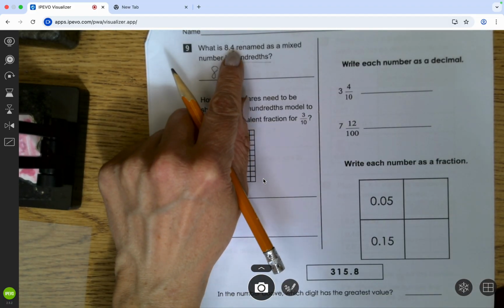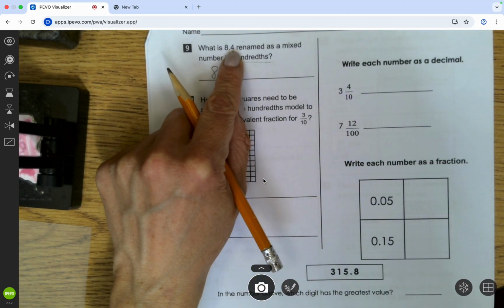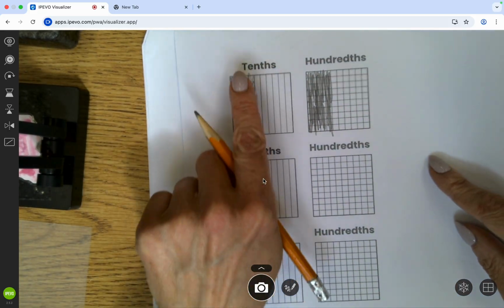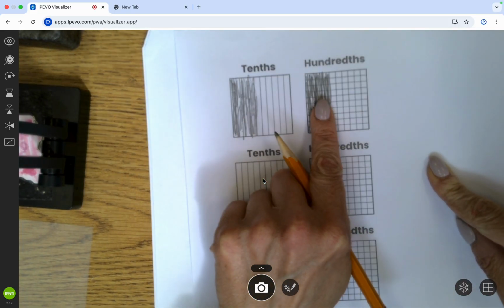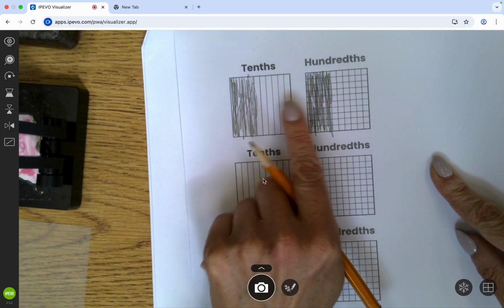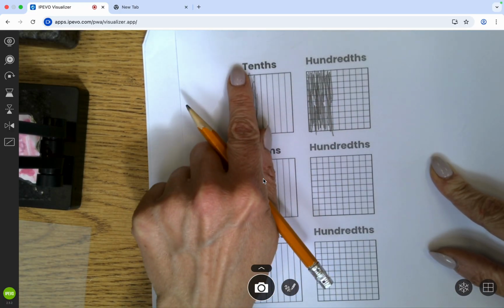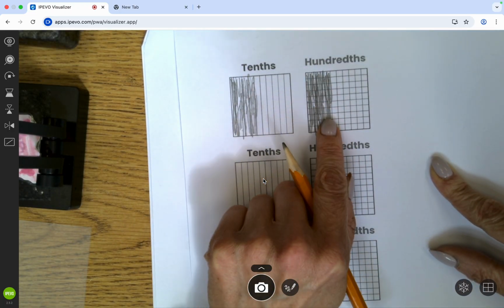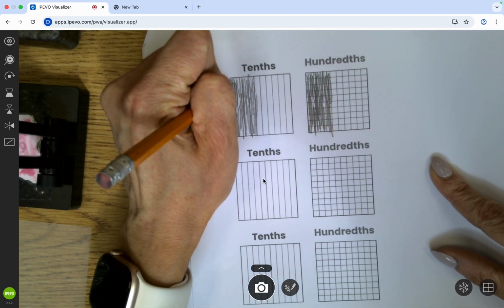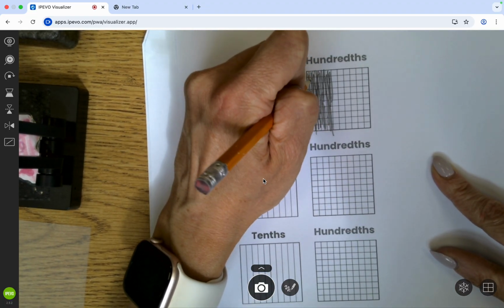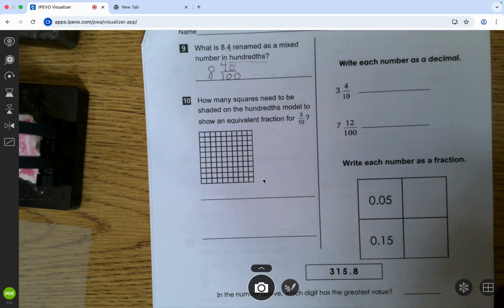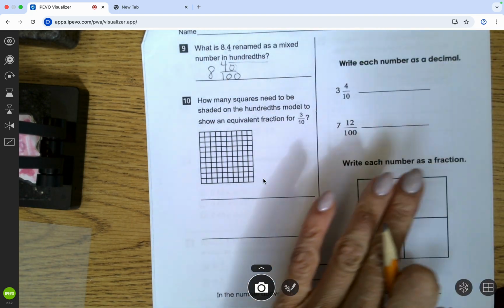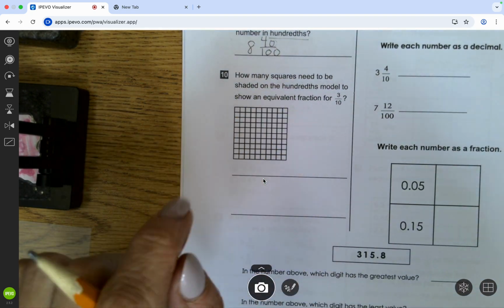So you would look at 4/10, color in 4/10, and then figure out what would be equivalent in the hundredths. When you do that, you want to cover up just as much here, but instead of it being 4 big parts, you have 40 small parts. Okay.